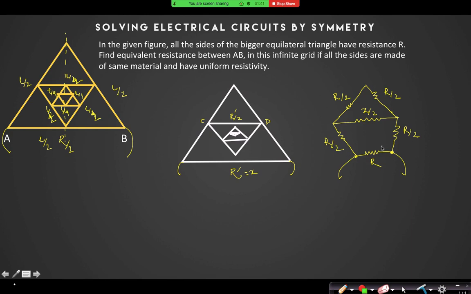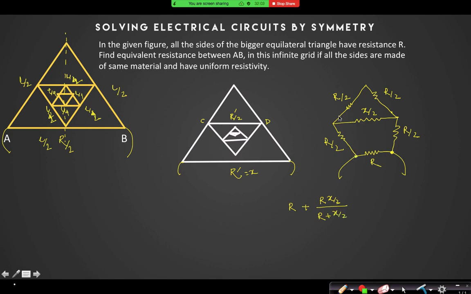Yes or no? Yes. So what is the equivalent resistance? R by 2, R by 2, they are in series. So R and x by 2 are in parallel and they are in series with R. So I think it will be R plus Rx by 2 divided by R plus x by 2, right?